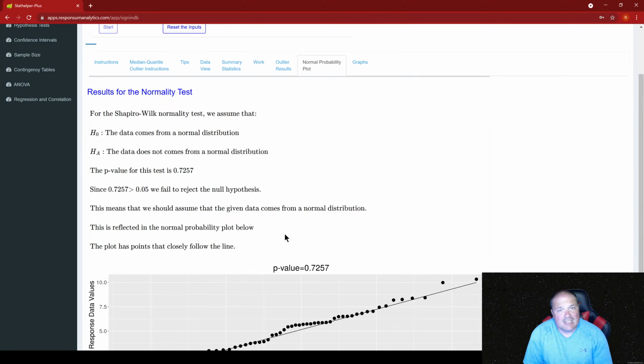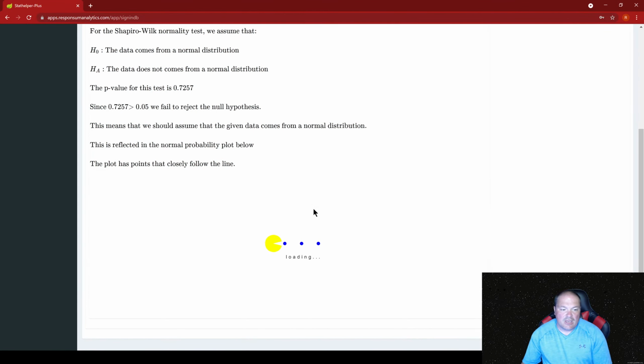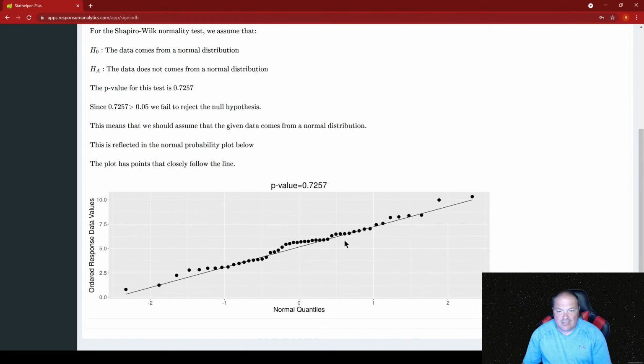If it is, then you're okay to assume normality. In this particular case, since it is bigger than alpha, we're going to assume the data comes from a normal. The other way we can do this is by looking to see how the data hugs this 45-degree line. Since it works fairly well, we're going to assume normality.